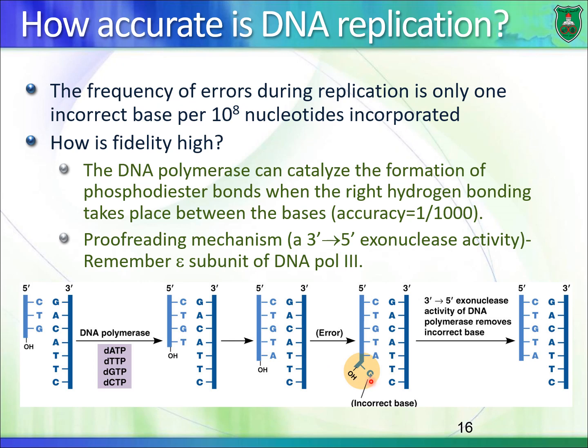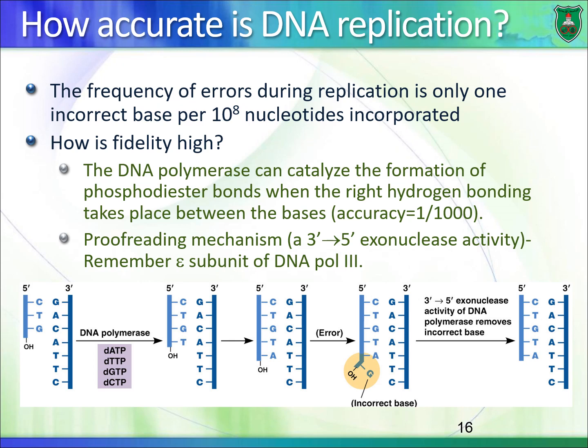DNA polymerase 3 uses the exonuclease activity to go backward, in the direction of 3' back to 5'. It removes the wrong nucleotide and places the right one instead. Okay?